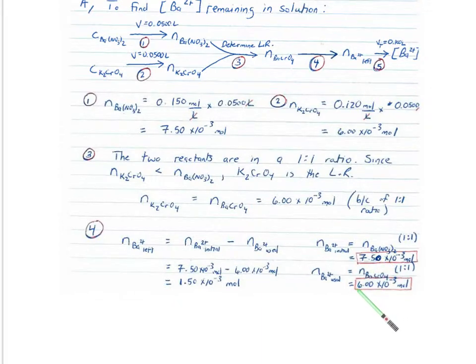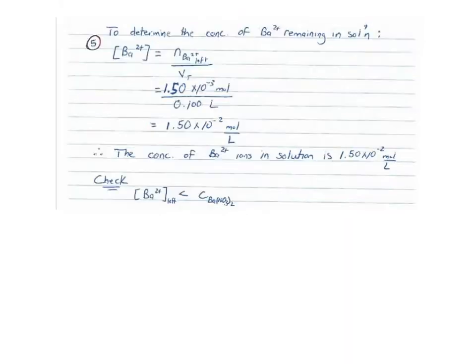The number of moles of Ba2+ used is just equal to the number of moles of the barium chromate precipitate that were produced, and that was the value that was calculated up here. Again, it's because everything is in a 1-to-1 ratio that this holds true. And so I can subtract these two values and get the number of moles of Ba2+ that are left to be 1.50 times 10 to the minus 3.